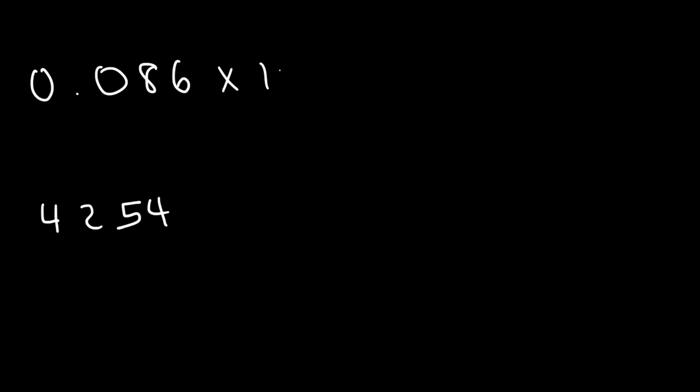Now I want to highlight something that's very important. So let's compare these two problems, 0.086 and 4254. Right now, each of these numbers are multiplied by 10 to the 0, because 10 to the 0 is 1. Anything raised to the 0 power is 1. When we move the decimal point to the right, the exponent will decrease. It decreases by 2.